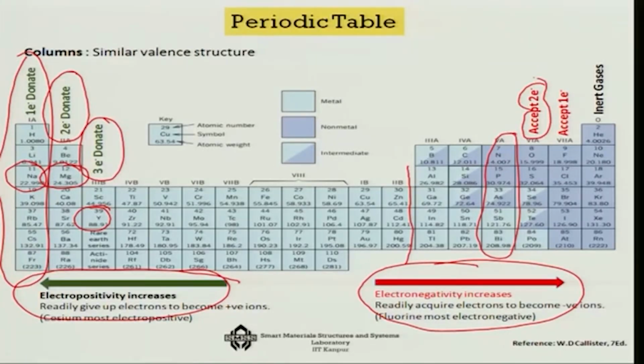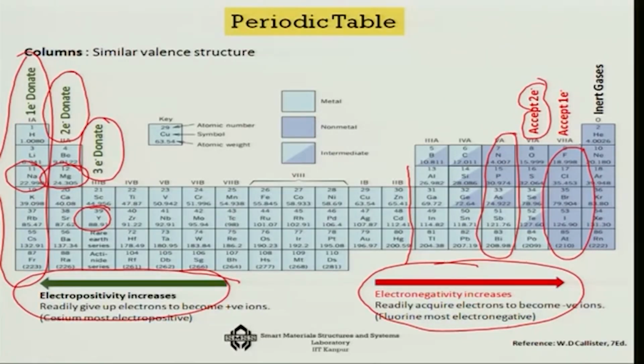So, they are electronegative, of course not very high. The higher degree of electronegativity you will find in, for example, this group where most of the halides are there, like chlorine, bromine, iodine, etc. So, they can readily become electronegative.